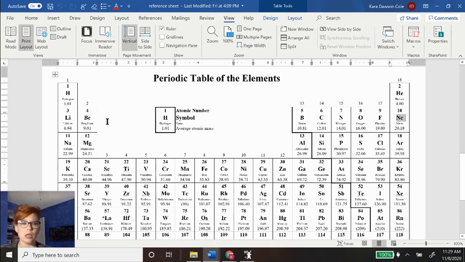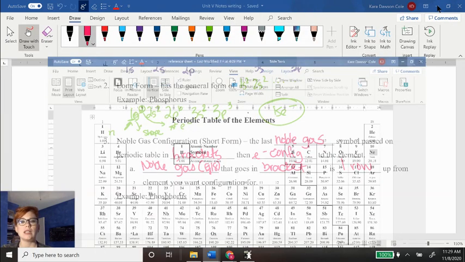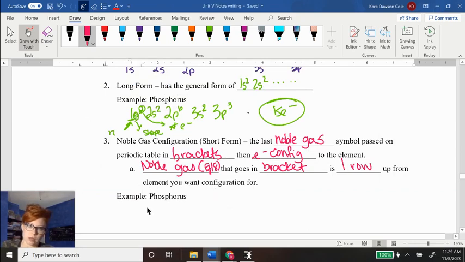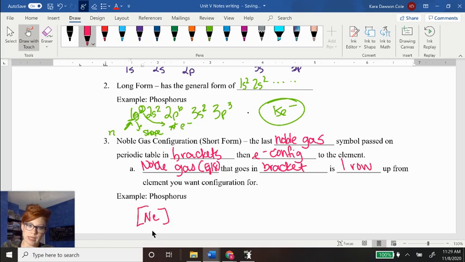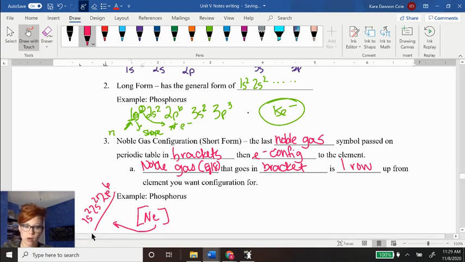Neon's configuration would be 1s2 to helium, 2s2 to beryllium, and 2p, 1, 2, 3, 4, 5, 6 to neon. So all you have to do is put neon in brackets, Ne. And this is taking care of 1s2, 2s2, 2p6.